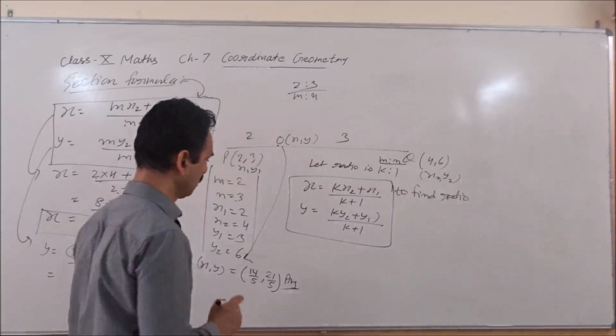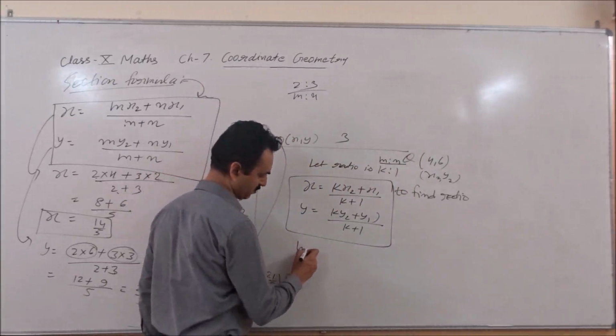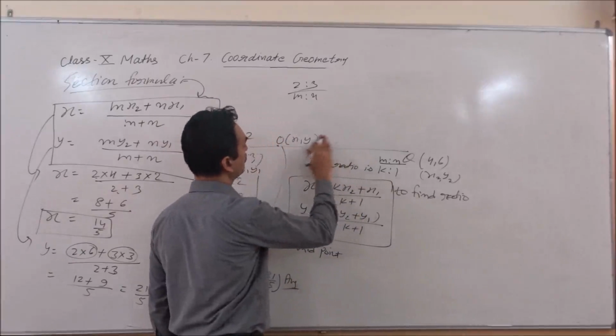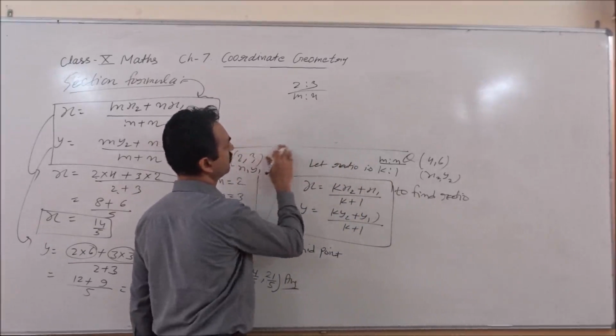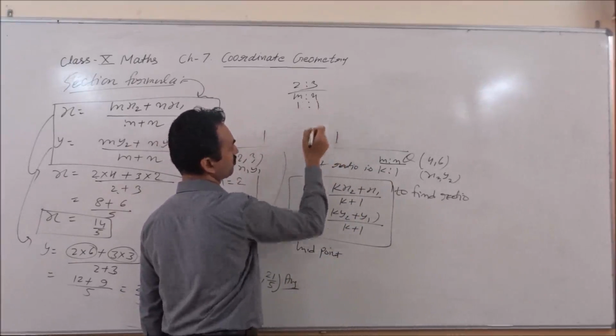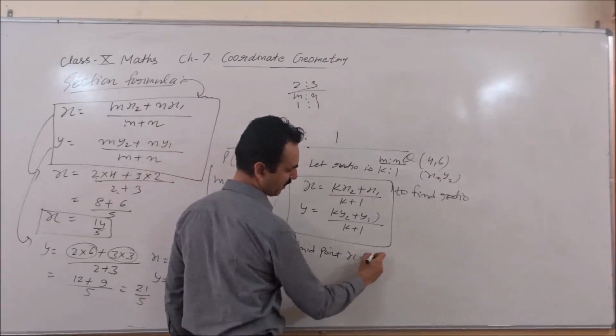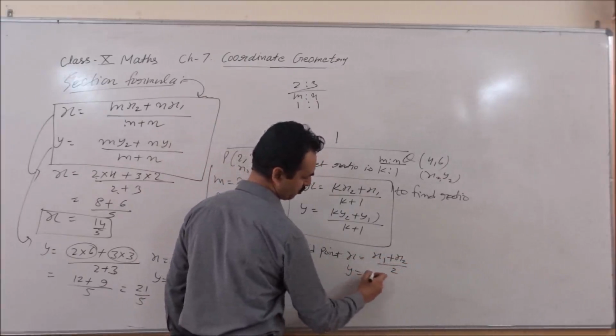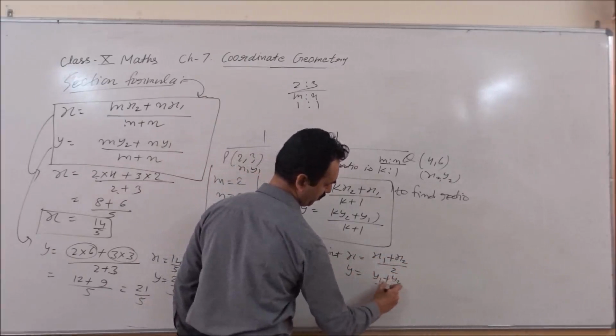One thing more, to find the midpoint. Midpoint means the ratio will be 1:1. Suppose the point is in the middle, so 1:1. It means m ratio n is 1:1. So the formula becomes very easy: x equals x1 plus x2 upon 2 and y equals y1 plus y2 upon 2.